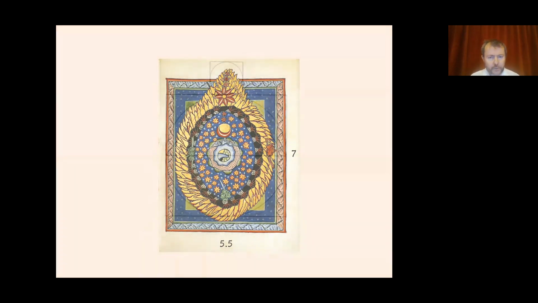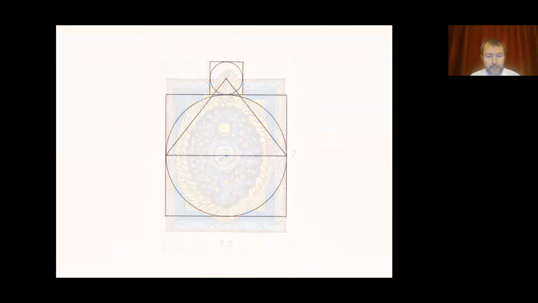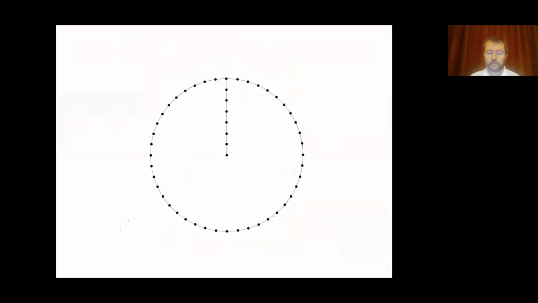So if you look at the 3 corners of the pyramid triangle, you can see that they coincide with the top and the 2 sides. And if you had an upside down pyramid triangle, that would take you down to the base of the image. So Hildegard's image, as well as using the numbers of the pi circle, they seem to be showing the dimensions of this particular diagram as well. And there you have it with the circle with the radius of 7, giving us the circle of 44.